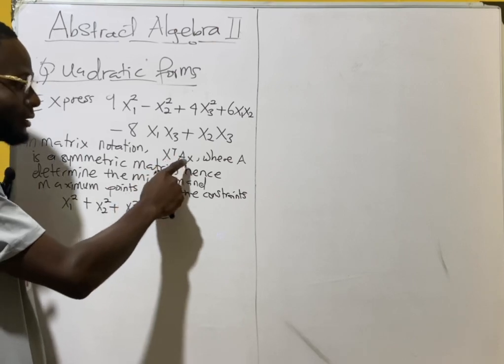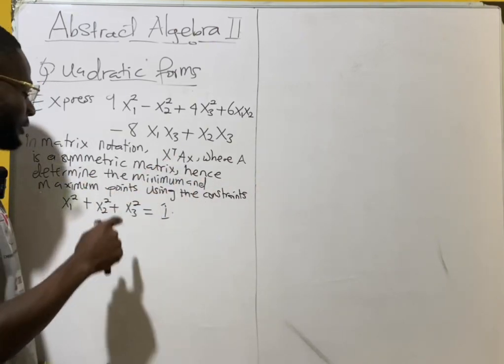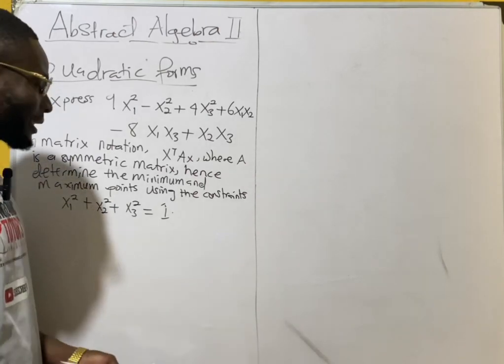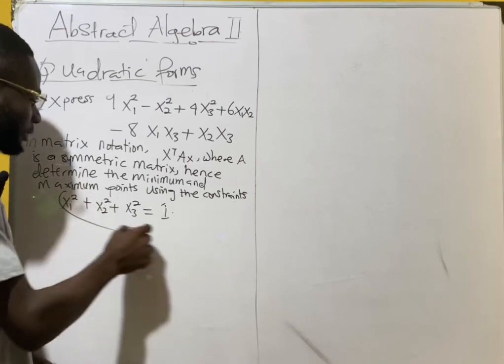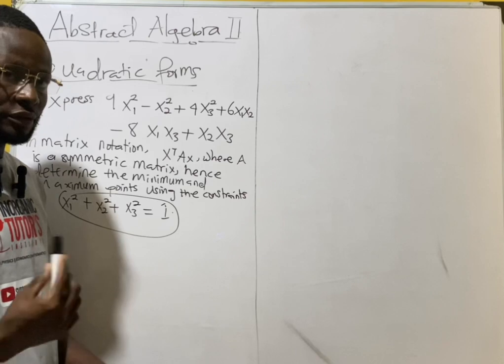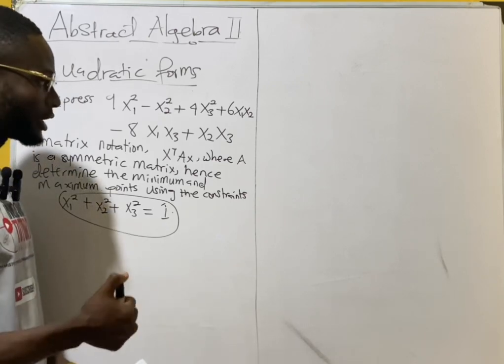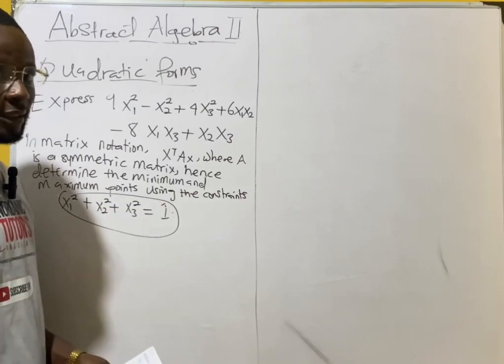X transpose Ax, where A is a symmetric matrix, and we want to determine the minimum and maximum point using the constraint. So this is our constraint. Okay, so from the beginning, we talked about the constraint, and we know what it is all about, right?